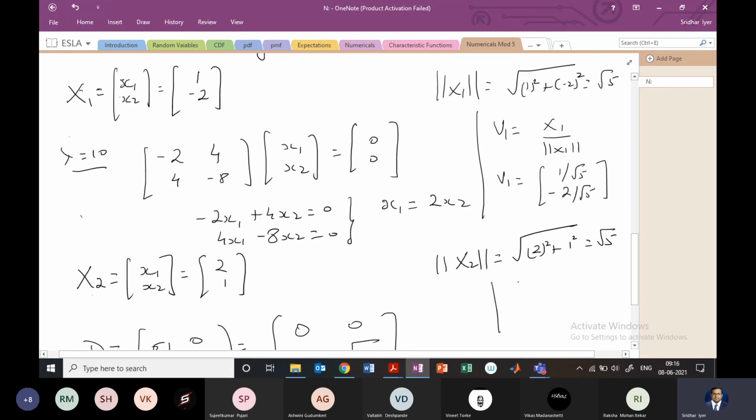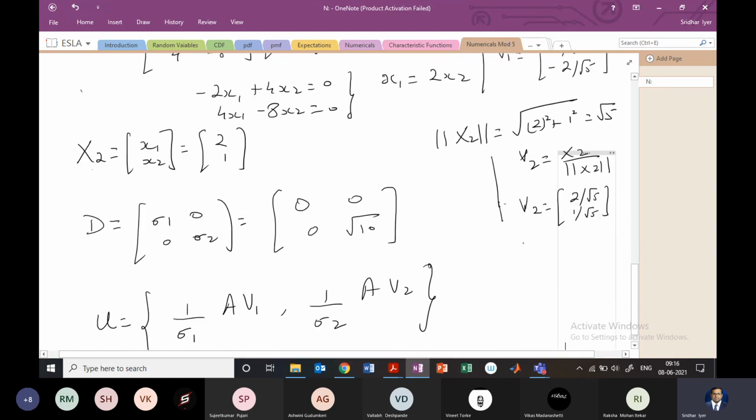Similarly, we can find v2, which is x2 by magnitude of x2. There, x2 is 2 and 1, so v2 will be 2 by root 5 and 1 by root 5. So we have the values of v1 and v2 also, right?